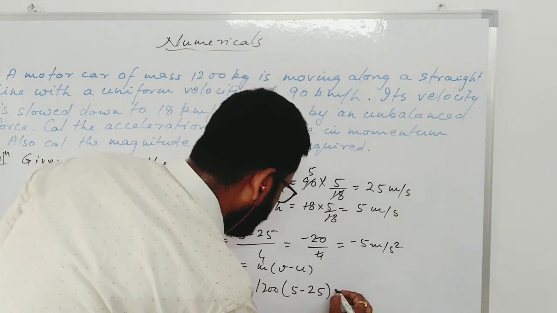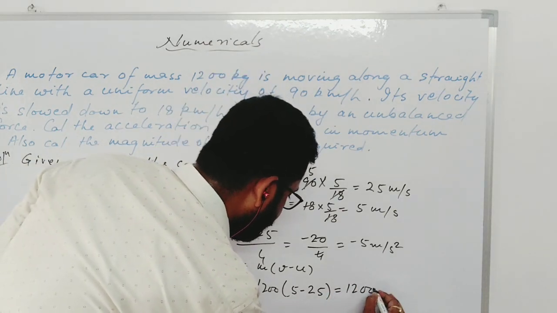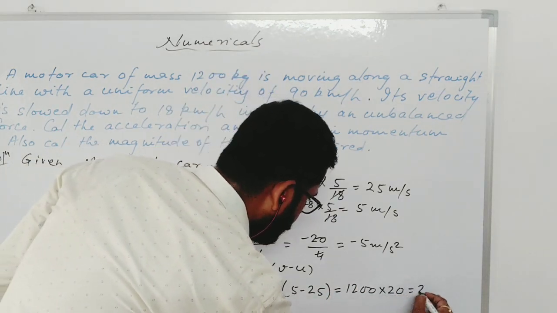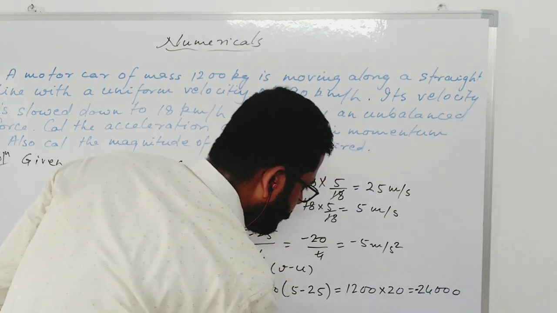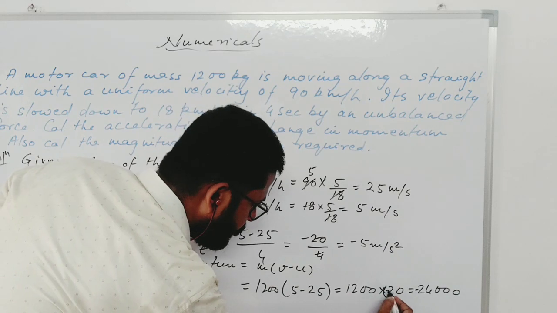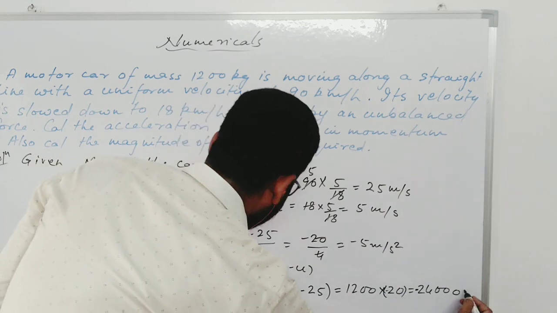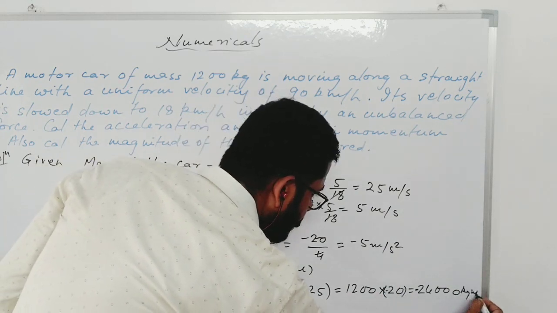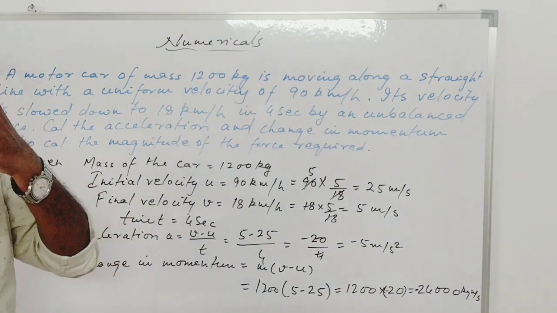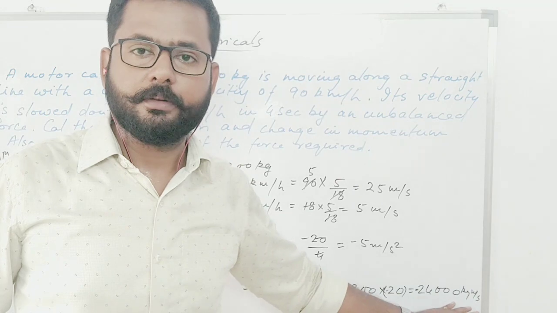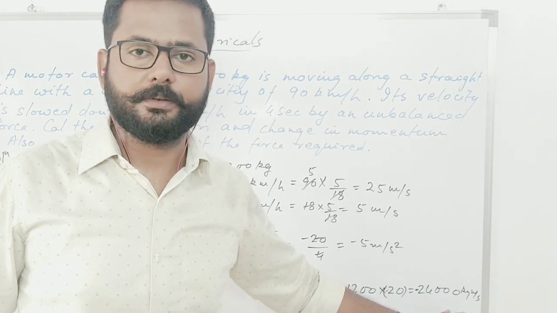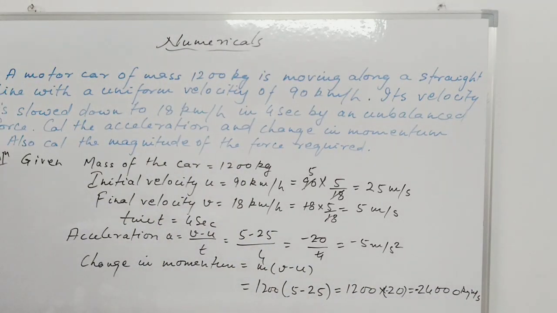From here 1200 into minus 20, and that will become minus 24,000. Here there will be a minus, pay attention: minus 24,000 kg meter per second.